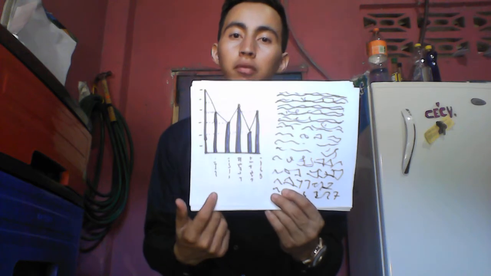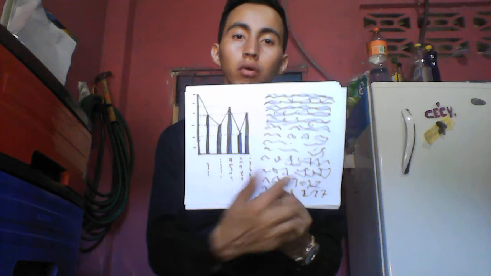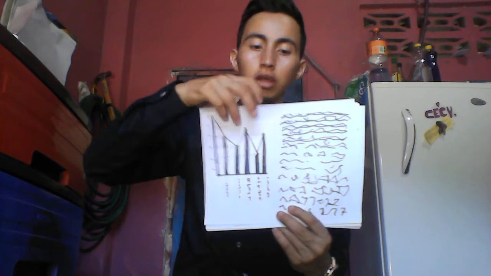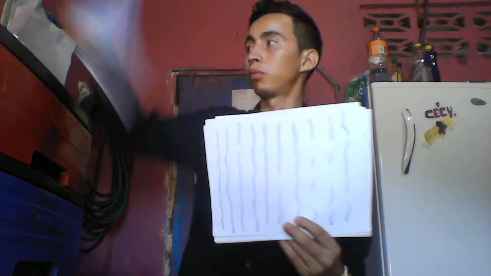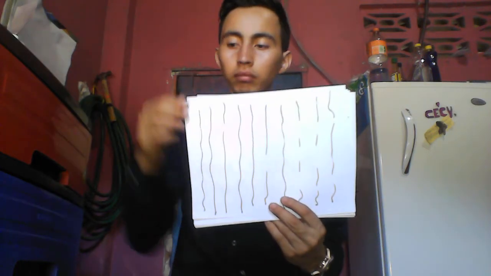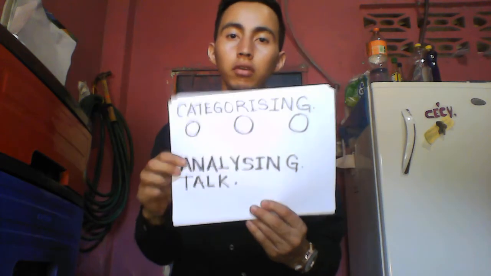You have to be prepared for analyzing maybe quantitative or qualitative data, and I'm going to provide tools for each group of data. The first one is the qualitative data, and these are the tools for this category.